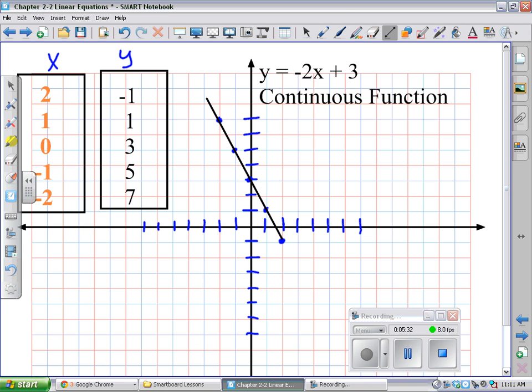And we can draw our line. Put our arrows on the end. Okay?